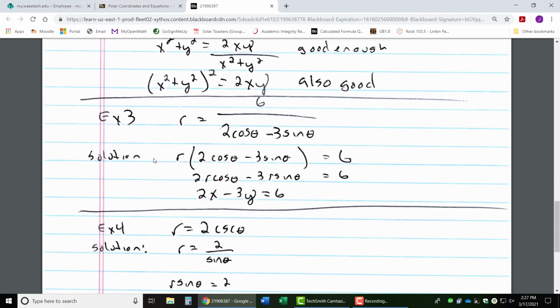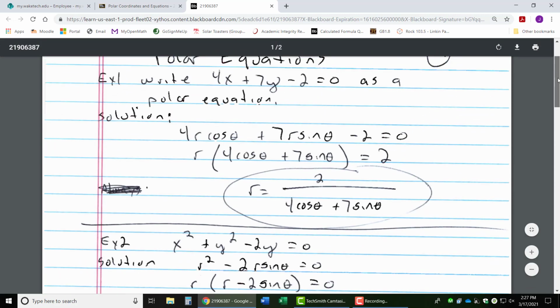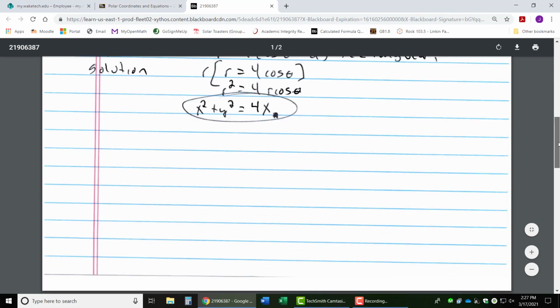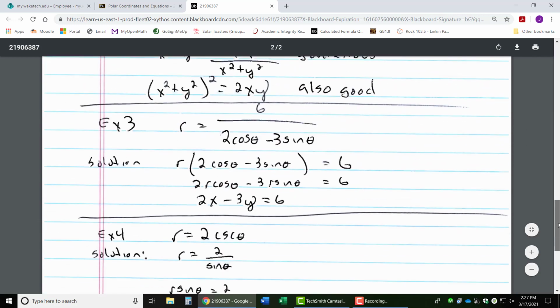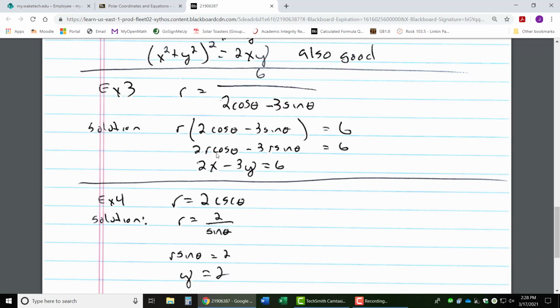Next example. So this is similar to the first one that we did, just kind of going backwards with it. So anytime you do have that fractional or rational expression where you've got a denominator, you multiply to the other side with the denominator. And then the SOHCAHTOA substitutions for r cosine, r sine, x and y right there.